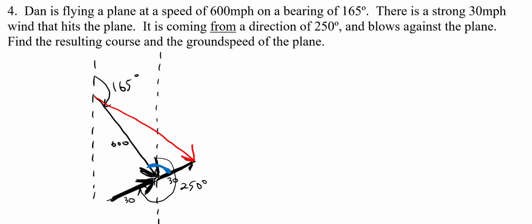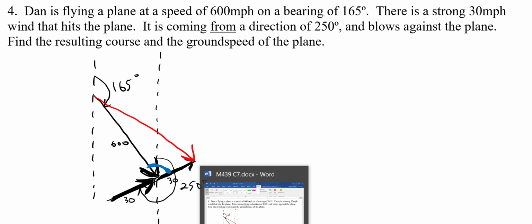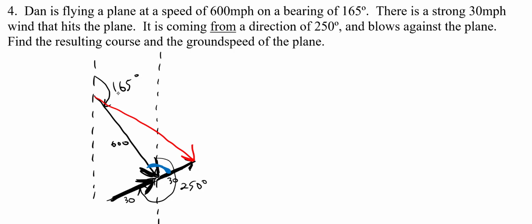Notice I gave you two pieces of information: 165 degrees and 250 degrees. You will always use both pieces of information. Always, always, always. If you calculate this and didn't use both, it's going to be wrong. This is pretty consistent for all these problems. But watch what's going to happen here. See this 165?